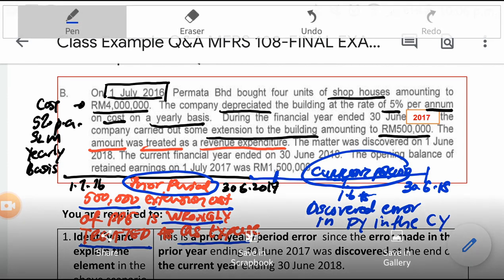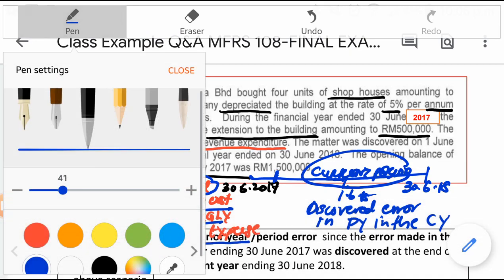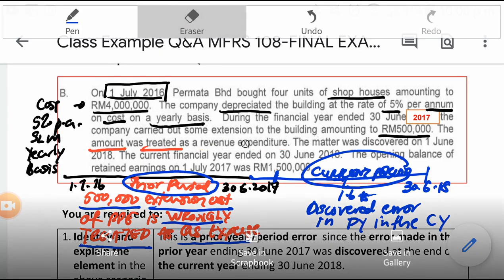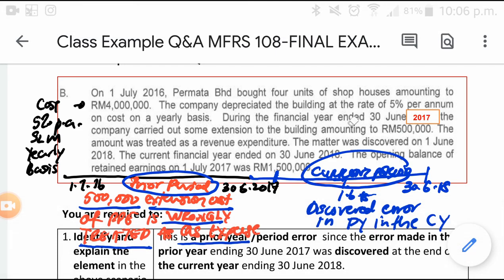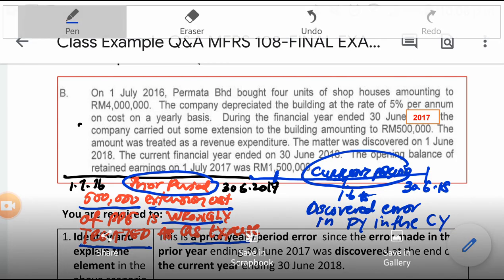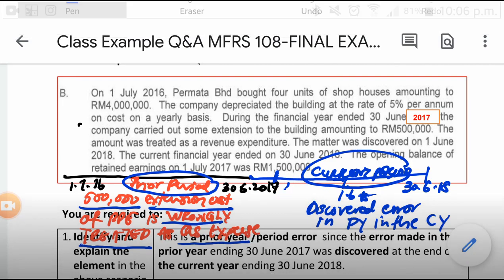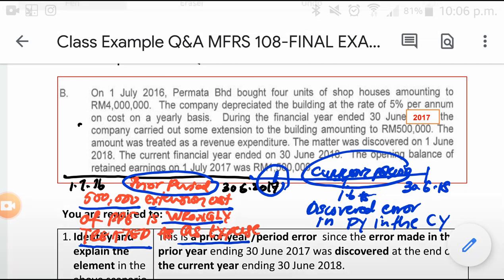On top of that, you are also given some important information regarding the retained earnings. You should look at the last sentence in the question. You are informed that the retained earnings as on 1st of July is 1.5 million.